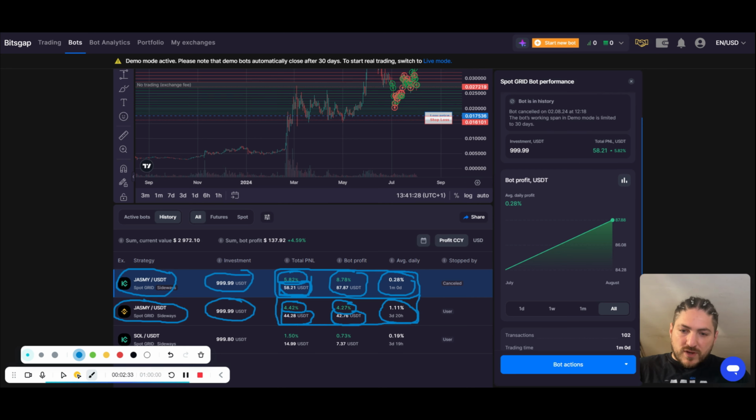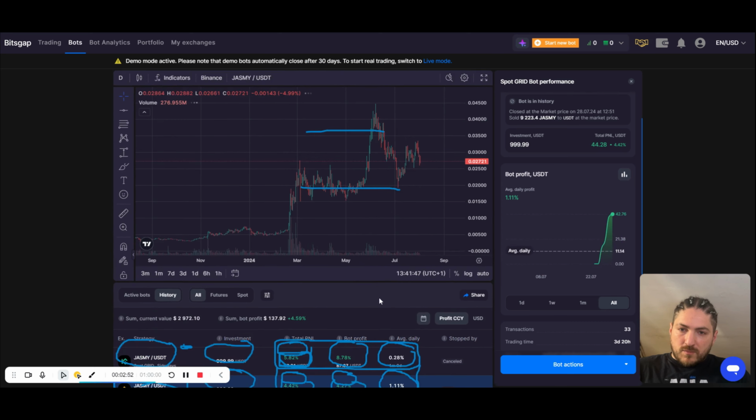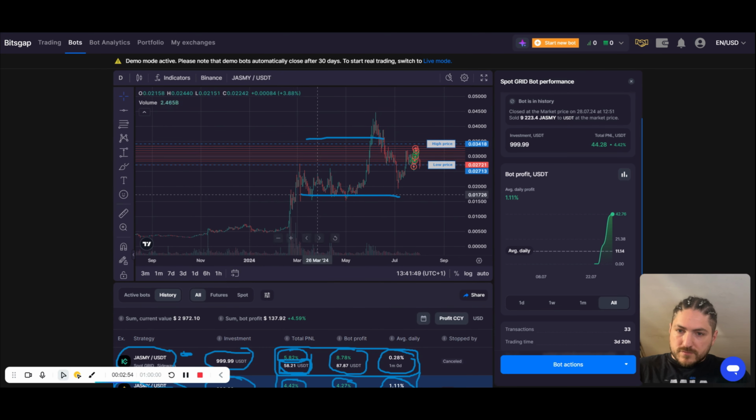And the reason is because the second bot, which is this one, has been running on a tighter grid. So as you can see, this one here is representing this grid on top. So it was set with a larger grid, where bot number two had a smaller grid.